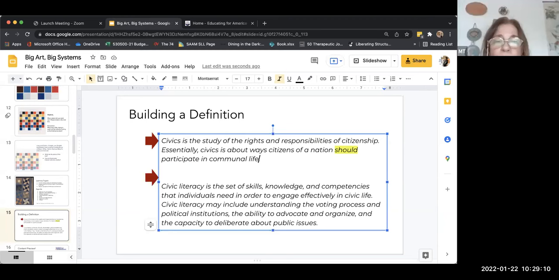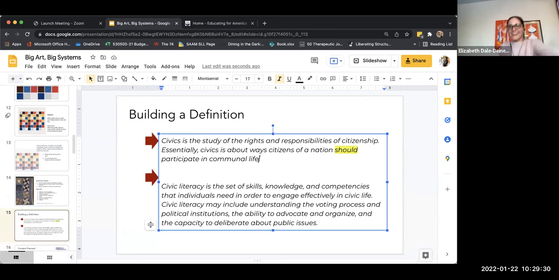Exactly. I was wondering about the word citizens. Is a child considered a citizen? I mean, is a tourist? No, a tourist is not considered a citizen. But are we only talking about citizens or people who are living together?